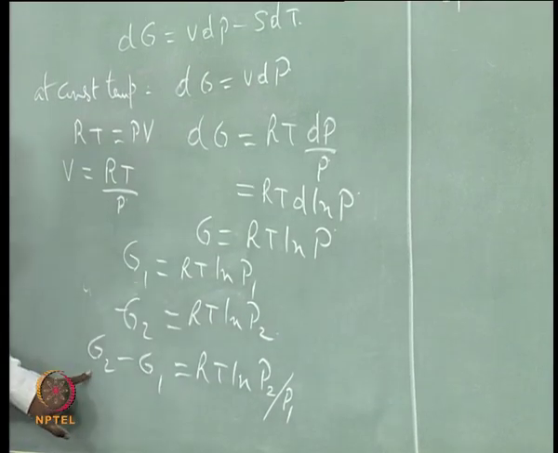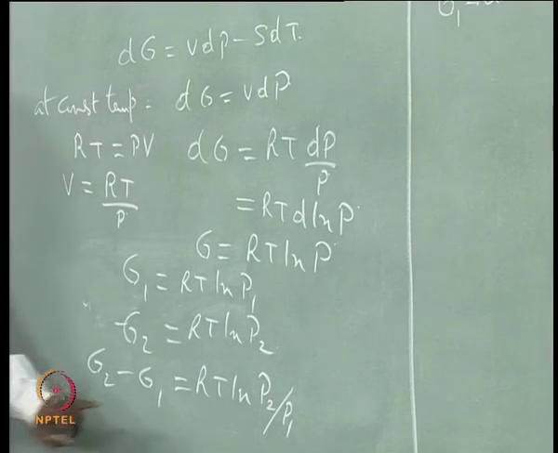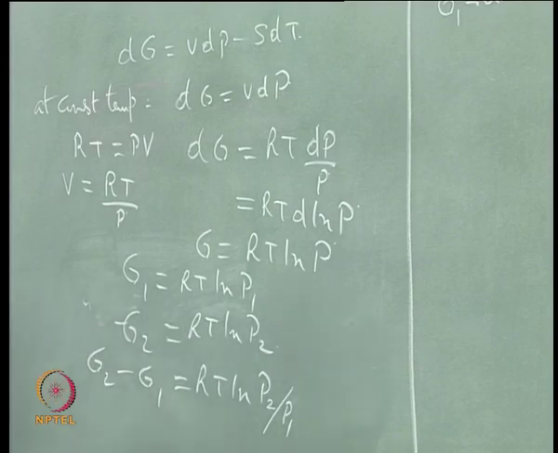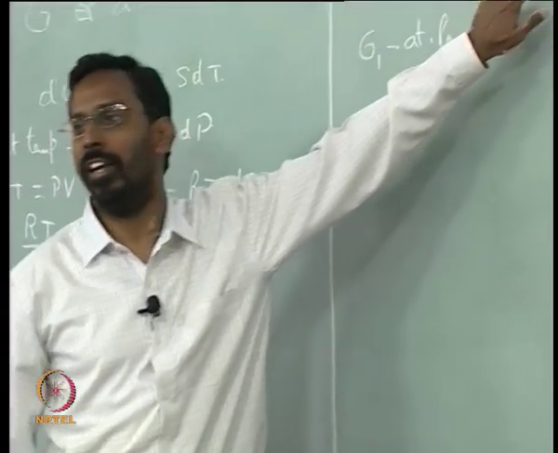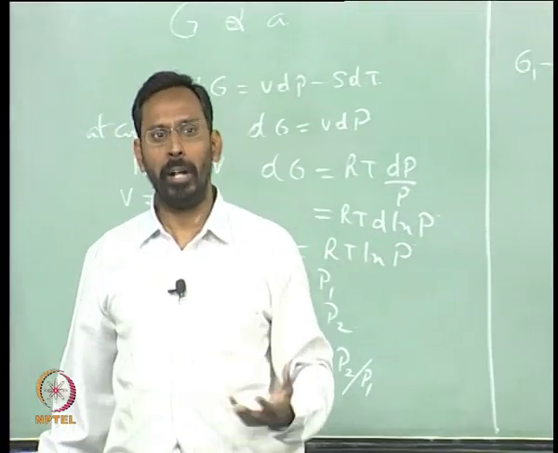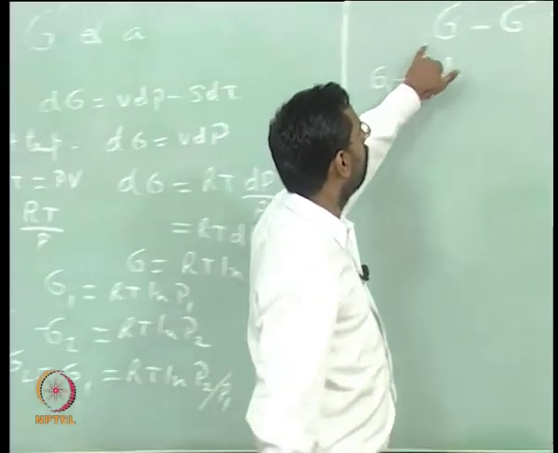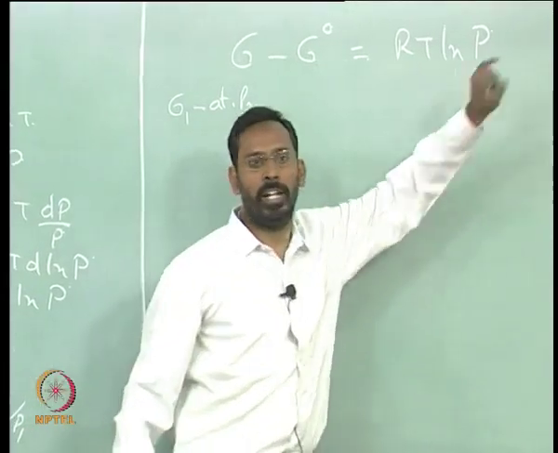So I will call G1 the standard free energy at atmospheric pressure, and I will refer to it as G naught. So we always refer to free energy at atmospheric pressure as G naught.